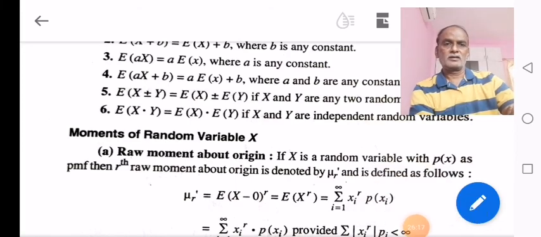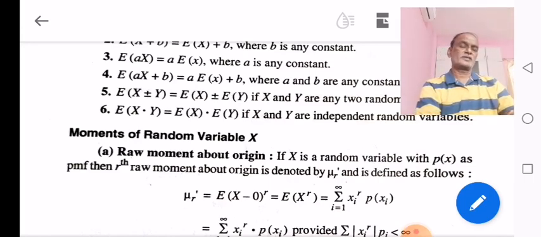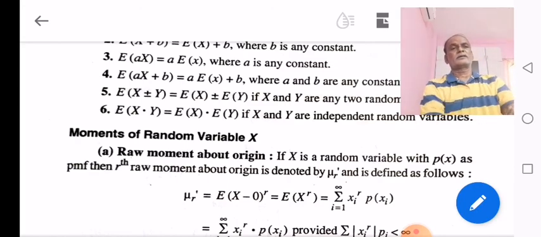Okay, in the next period we'll see what we mean by moments of a random variable. What do we mean by a raw moment about the origin, a raw moment about any arbitrary point? Then what do we mean by central moments? What is the relation between raw moments and central moments? If you know raw moments, then how do you find the central moments?